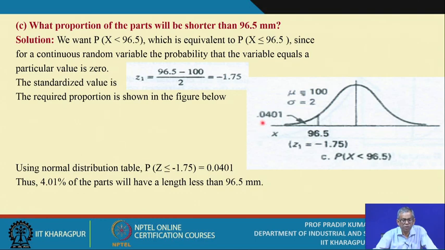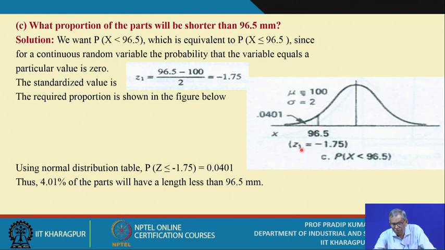What proportion of the parts will be shorter than 96.5? So against 96.5, again you calculate its z value, that is minus 1.75, with reference to 100, that is the mean, and the standard deviation is 2. So this area again you refer to the standard normal distribution table.